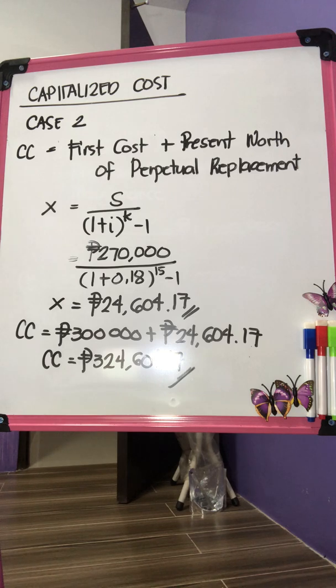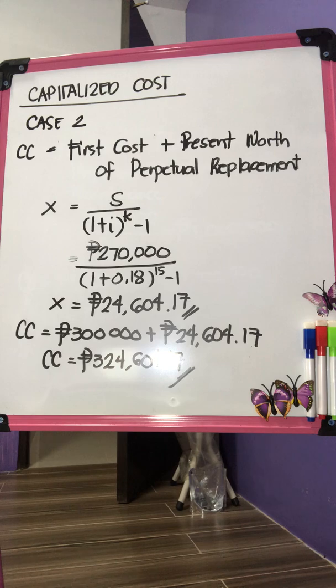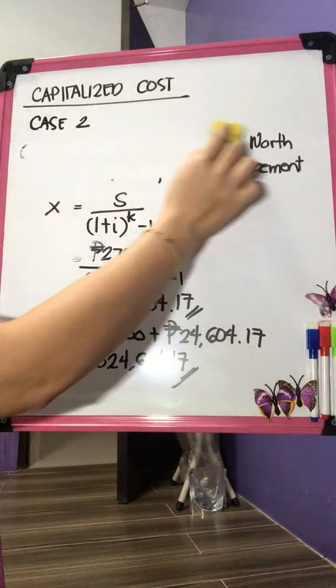Okay? So, move naman tayo sa ating case number 3. Okay, so for case number 3, ito na yung, kumbaga, combination na nung ating case number 1 and case number 2. Okay, so move tayo with our case number 3.